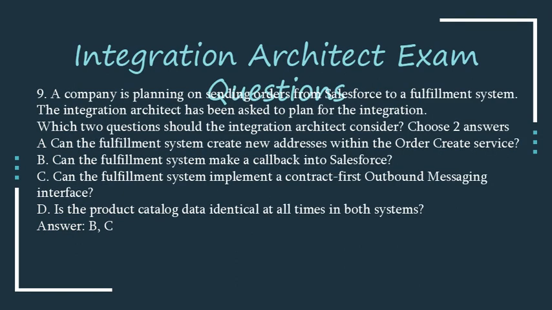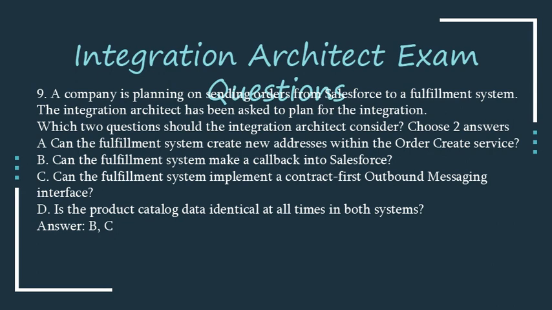9. A company is planning on sending orders from Salesforce to a fulfillment system. The integration architect has been asked to plan for the integration. Which 2 questions should the integration architect consider? Choose 2 answers. A. Can the fulfillment system create new addresses within the order create service?